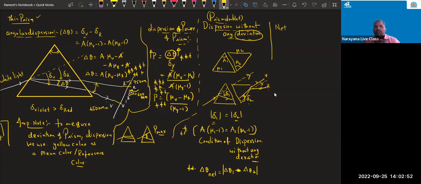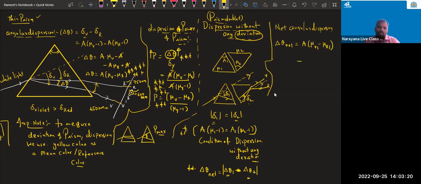Net angular dispersion, how much? Angular dispersion of the first prism, how much? A1 into mu V1 minus mu R1, minus the second.